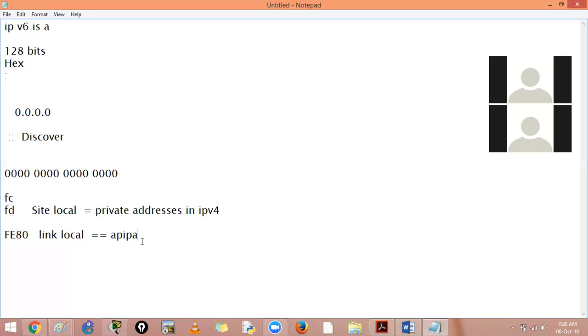And you will see your global addresses starting from 2. Technically it starts from 2000, as far as I suppose it should be 0001, and it will go till 3FFF. These are the globally unique addresses. So on the internet, all the addresses should start with 2, and then it goes like this.